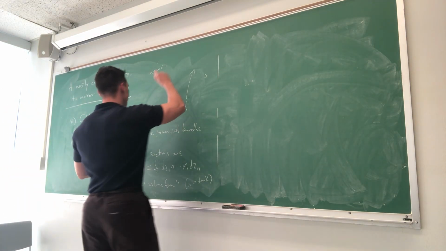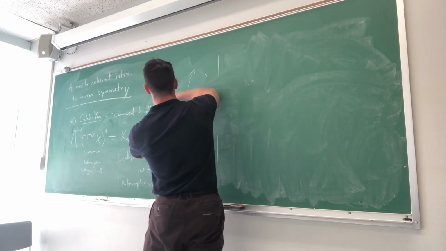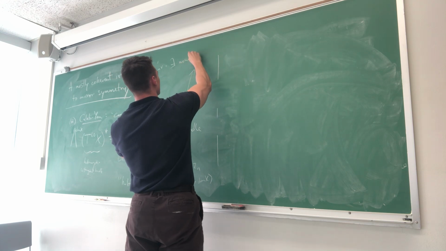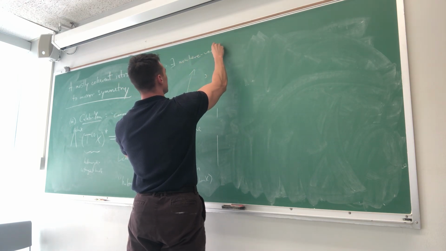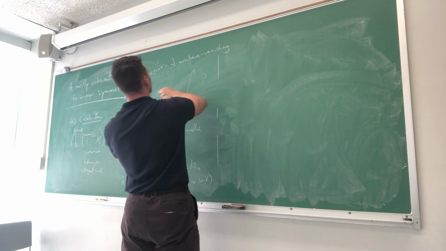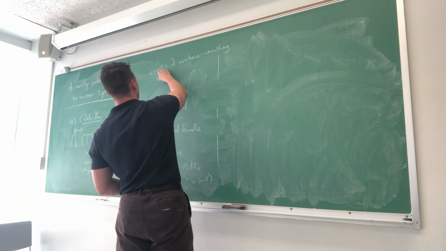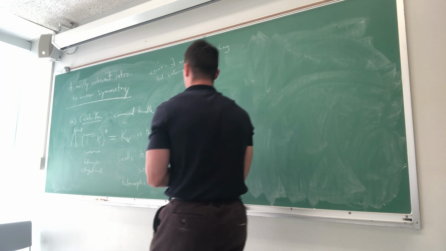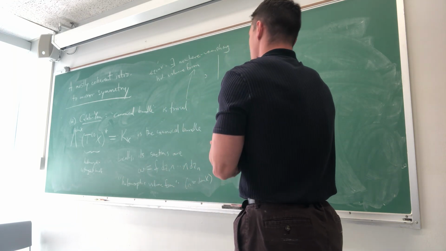So, since it's a line bundle, it being trivial is the same as there being a nowhere vanishing section. So there's a nowhere vanishing holomorphic volume form. So that's a fairly concrete characterization of the Calabi-Yau condition.